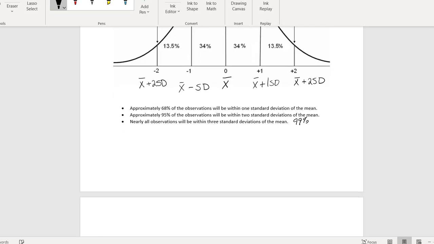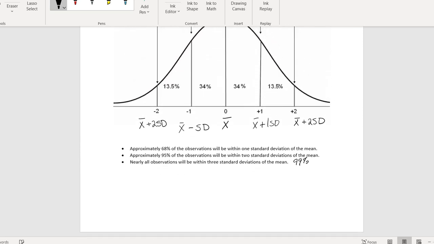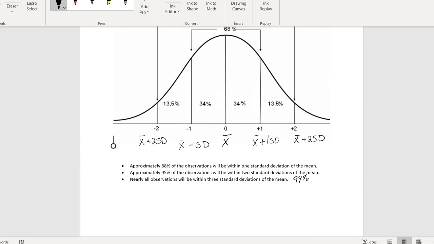Before we move on to looking at some examples, let's look at one up here. Let's say the average person is 68 inches tall with a standard deviation of 4 inches.